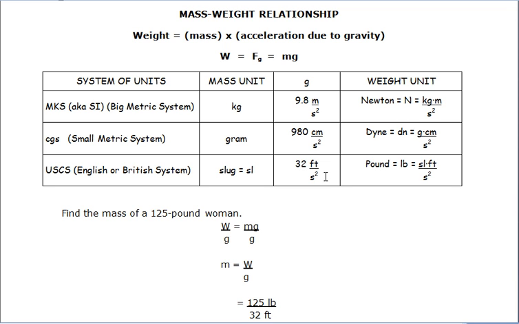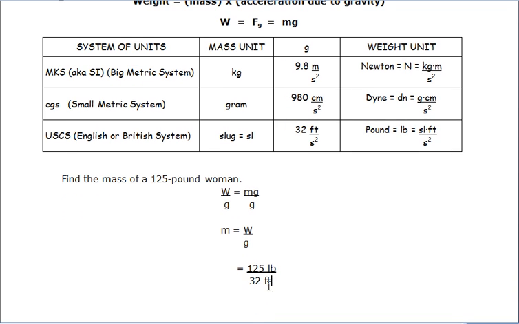So 32 feet per second squared. And like we mentioned before, when we are doing problem solving, if we have a fractional unit, it's better to write that fractional unit vertically. So I'm going to put the second squared in the bottom of the foot per second squared rather than writing it horizontally.